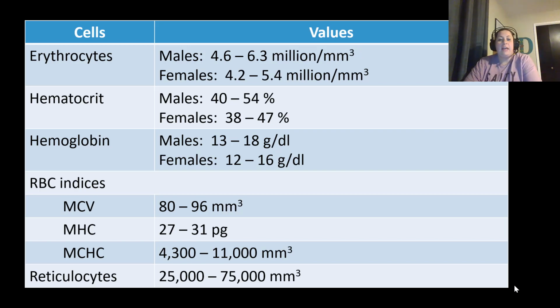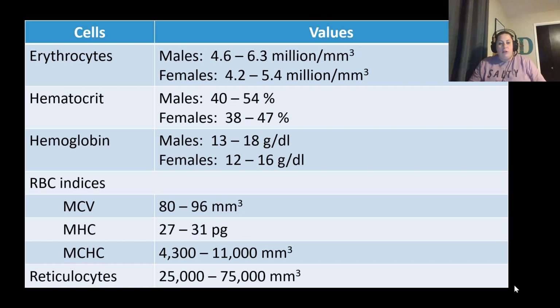For the red blood cell indices, we can look at a number of things. MCV is the mean corpuscular volume, or the size of the red blood cells. MCH looks at the hemoglobin, and MCHC looks more at the concentration.